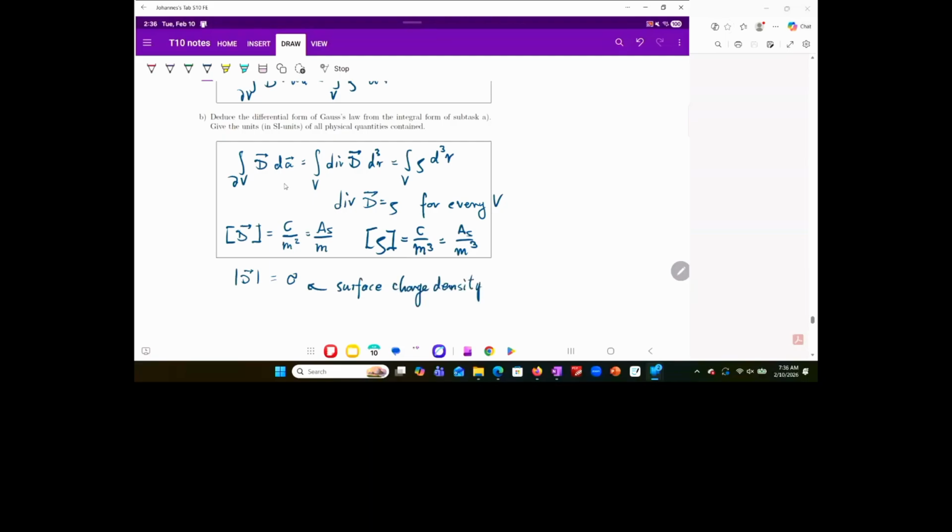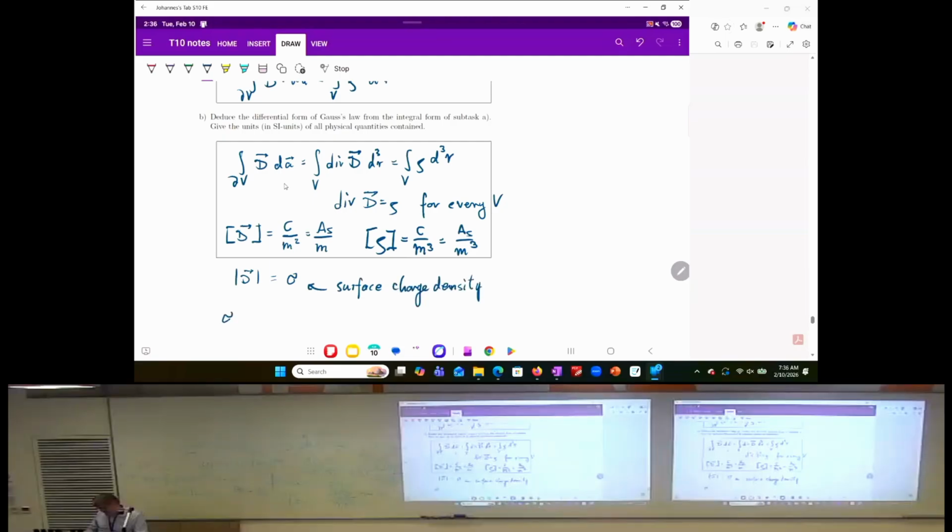Remember, sigma, the surface charge density, has a unit of ampere second per square meter. That's just the same as the electric flux density.